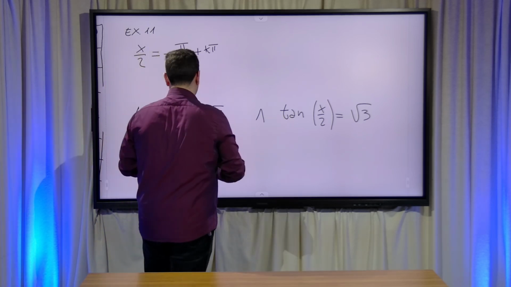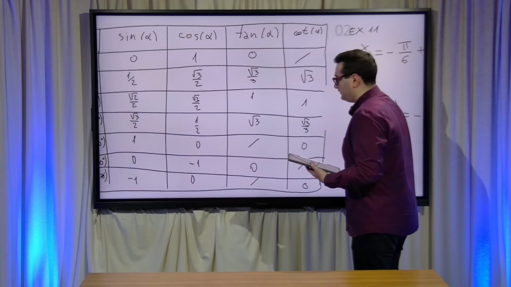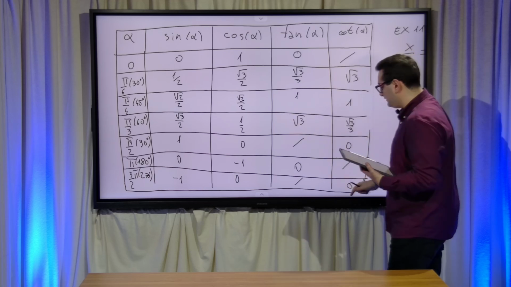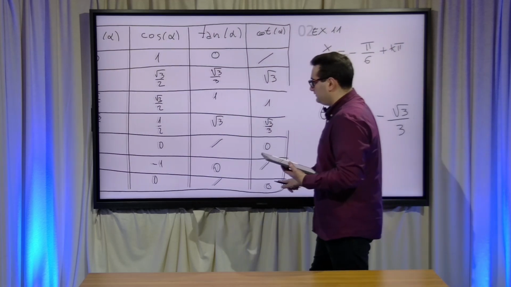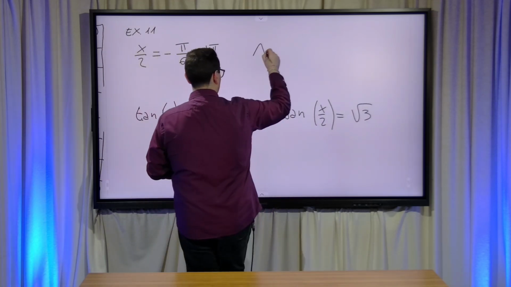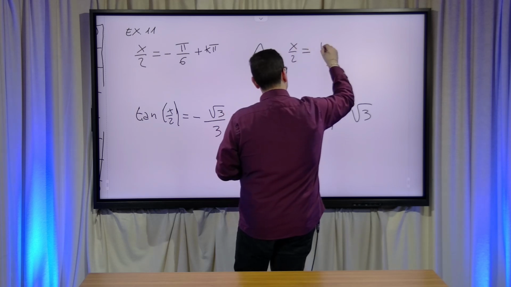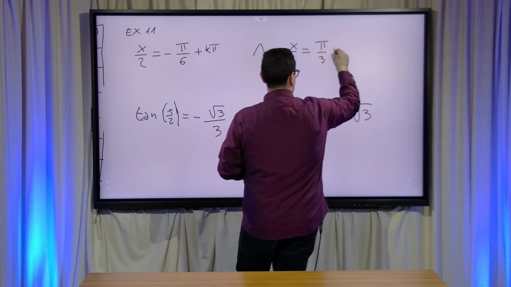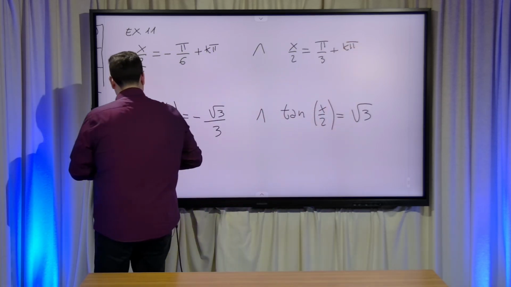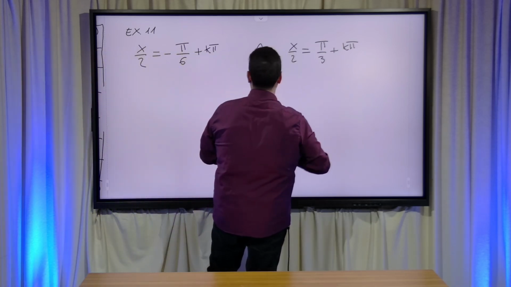Let's do the same for the other solution. So if I look in the table, square root of 3 when the angle is pi over 3. So, okay, from here I am almost finished.